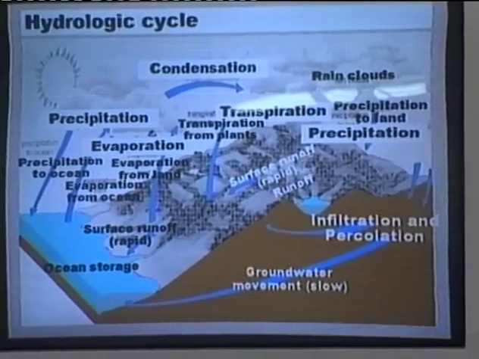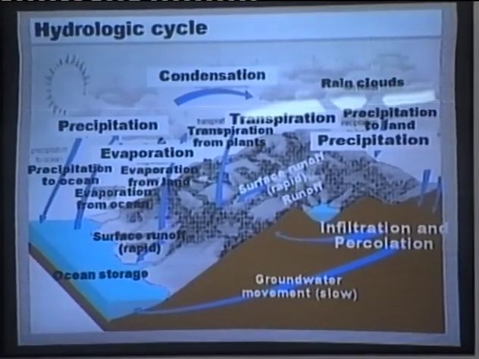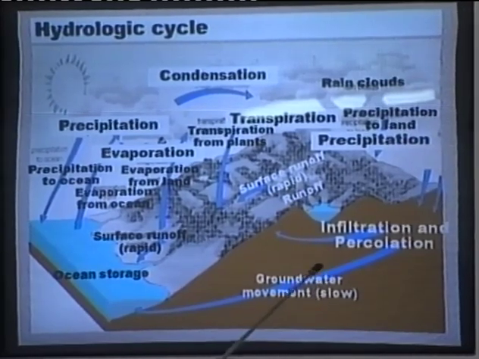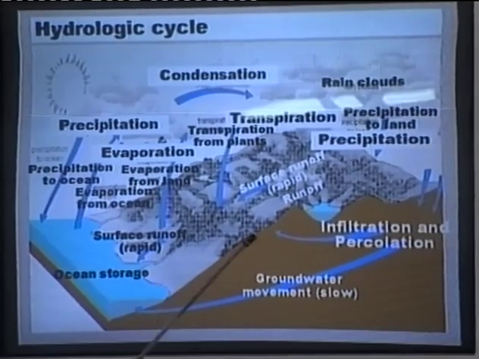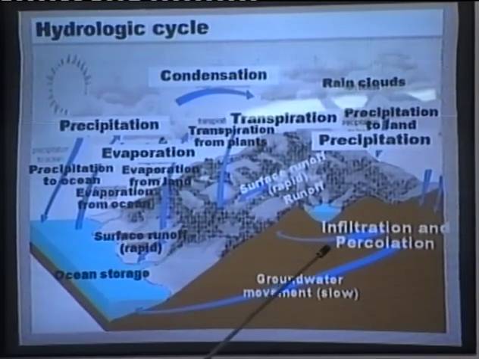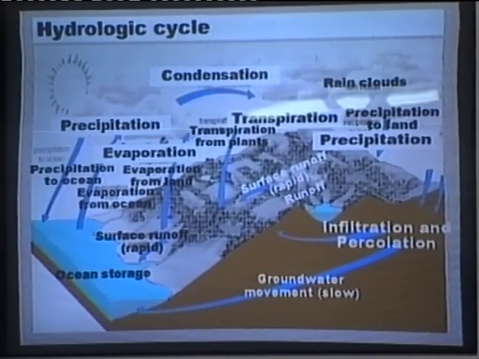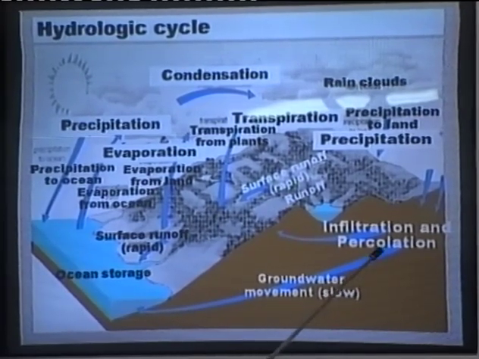Precipitation is rainfall. As rain falls, it falls onto the land. Some of it is runoff, surface runoff, it goes down. The other part goes into the soil, infiltration and percolation. When it goes inside the ground, it forms the next movement of water, that's the groundwater.